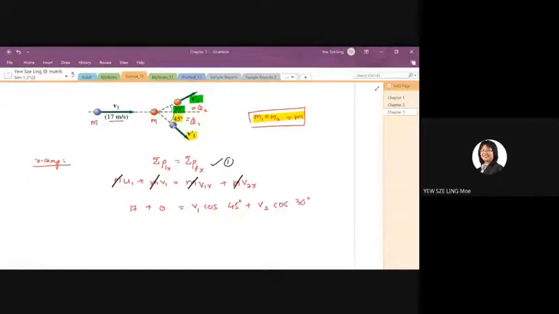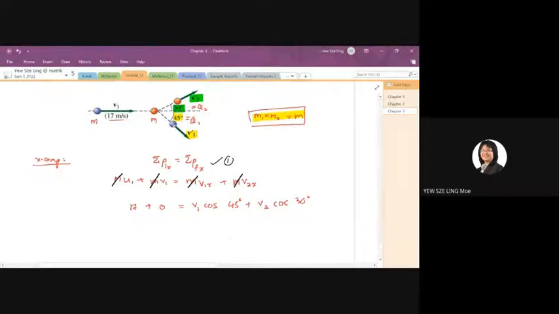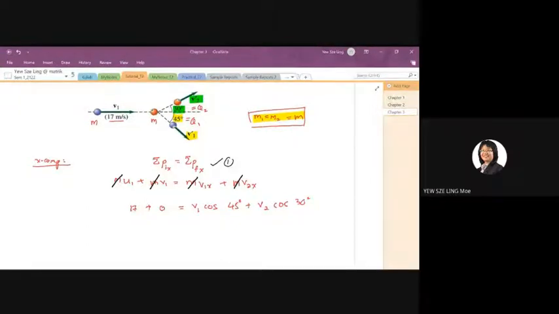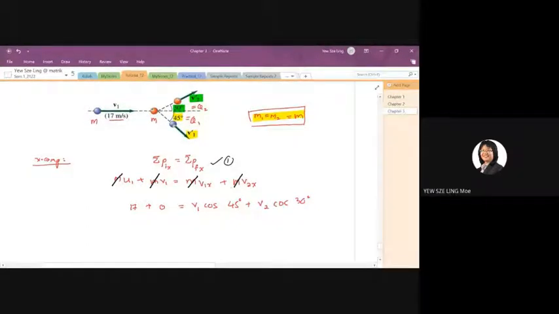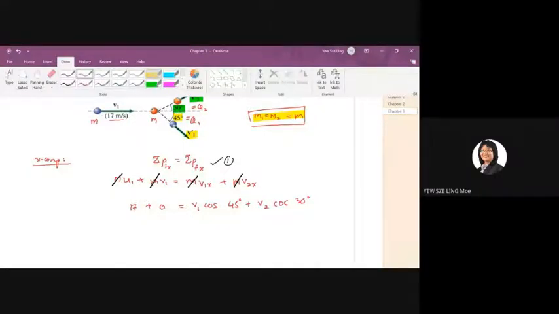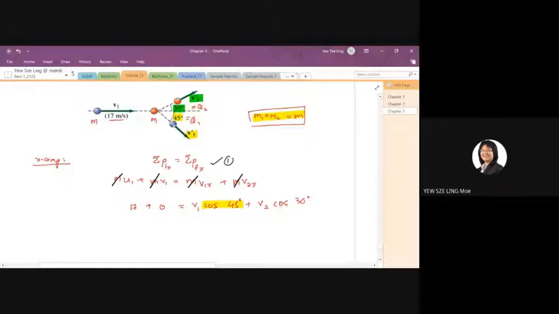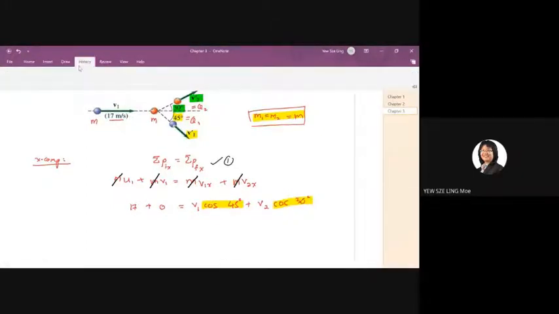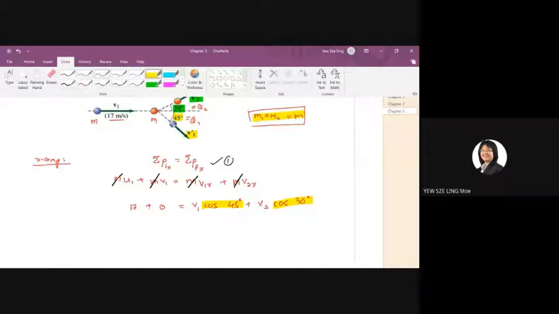So let's see, how are we going to solve it? When you have a value in terms of cos and you know the angle, I would suggest you calculate the value of cos theta first. Don't leave it in a trigo function, because when students leave it in the trigo function, they often panic. Oh my goodness, how am I going to solve this?